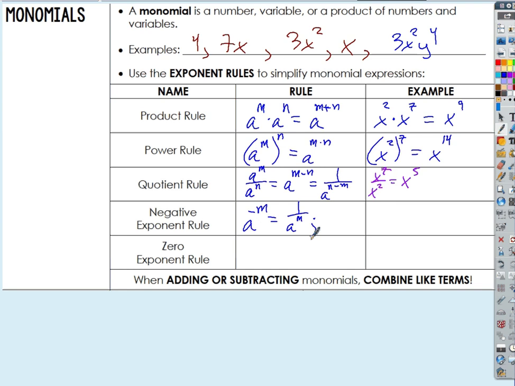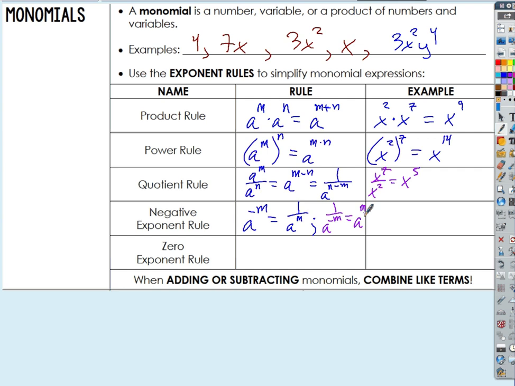And also, I could write this a little differently. I could also say 1 over a to the negative m equals a to the m. So there's a moral to that story. A negative exponent in the top becomes a positive exponent in the bottom, and a negative exponent in the bottom becomes a positive exponent in the top.